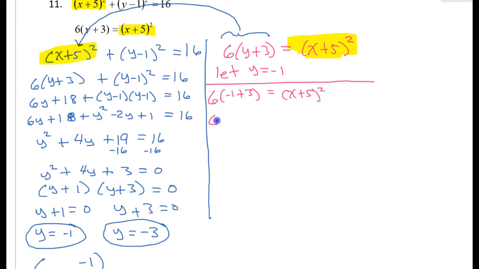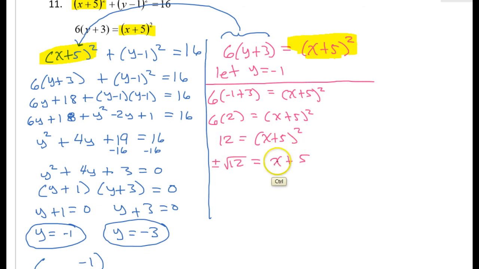So this is going to be 6 times 2 is equal to x plus 5 squared. So, of course, I'm going to have 12 is equal to x plus 5 squared. Taking the square root of both sides, I will have plus or minus radical 12 is equal to x plus 5. Don't forget your plus or minus whenever you take the square root of both sides.